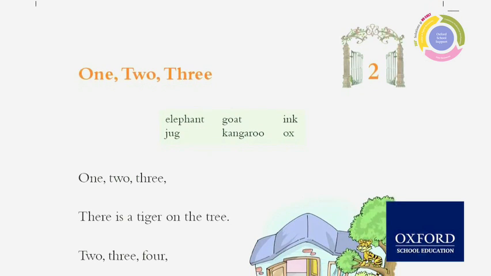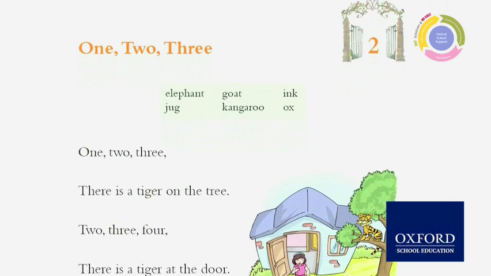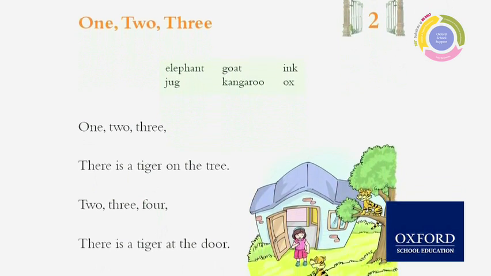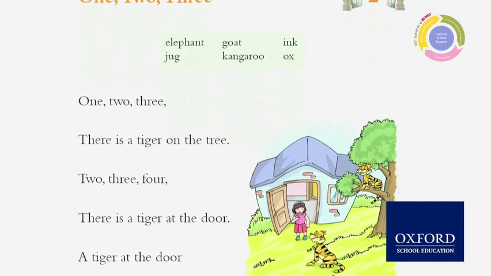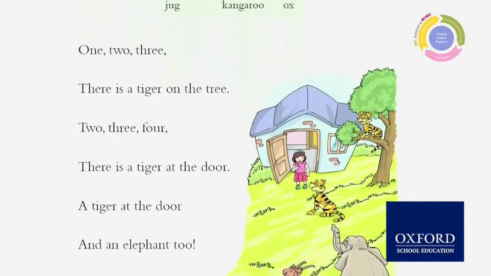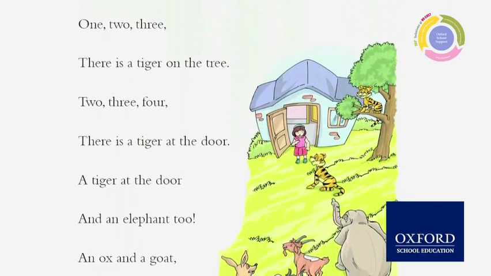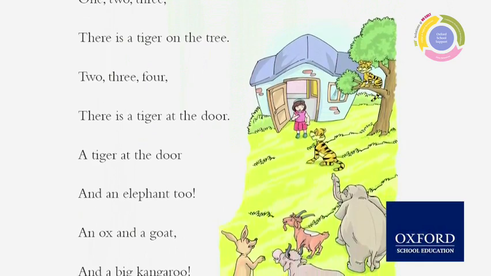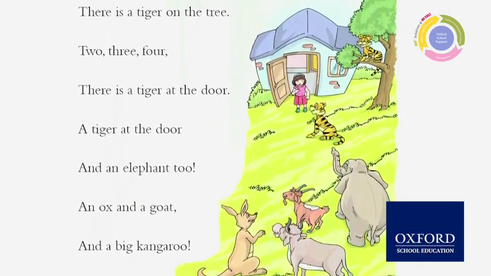Here is a rhyme from the primer. It is a counting rhyme designed to familiarise children with the names of animals and numbers. 1, 2, 3. 1, 2, 3, there's a tiger on the tree. 2, 3, 4, there's a tiger at the door. A tiger at the door and an elephant too, an ox and a goat and a big kangaroo.